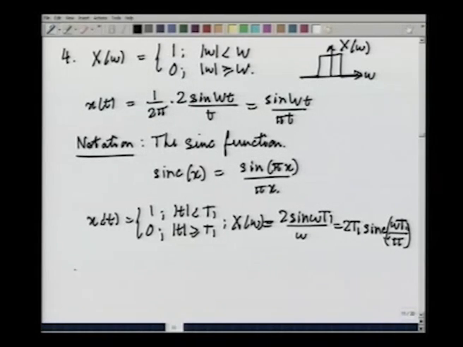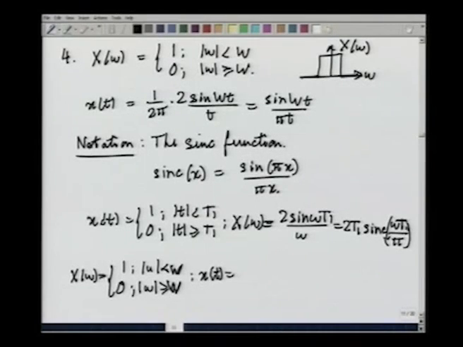Similarly, when X(omega) was equal to 1 for mod omega less than W, equal to 0 for mod omega greater than or equal to W, then we had x(t) given by sin(Wt) by pi t, which was equal to W by pi sinc(Wt by pi).